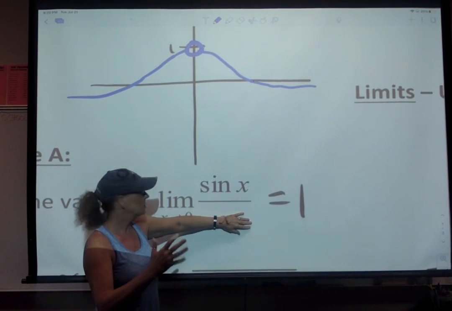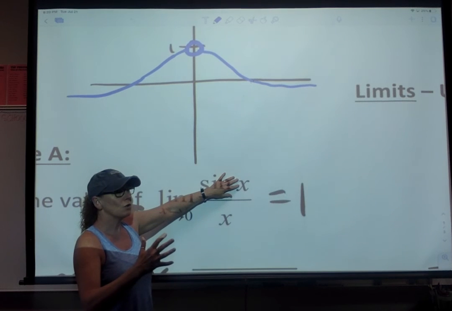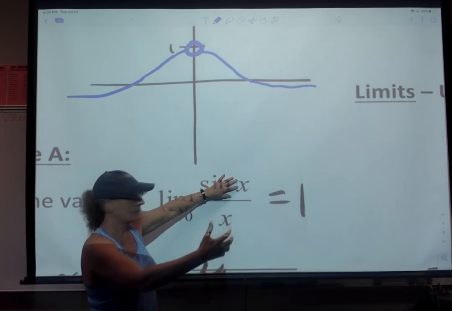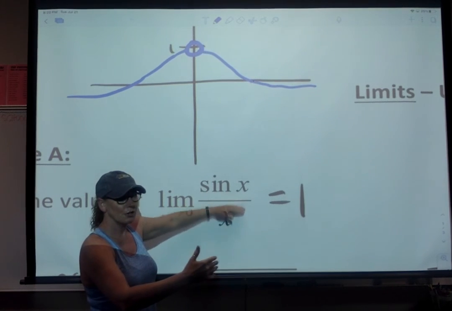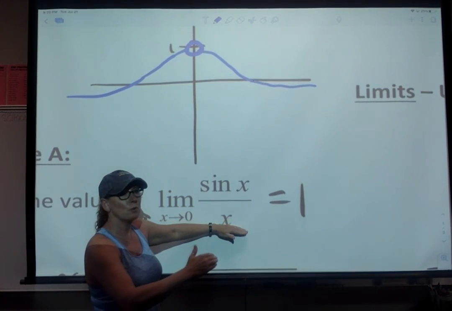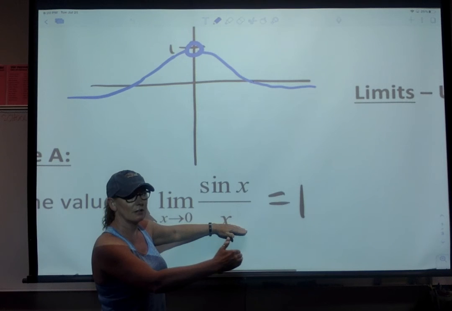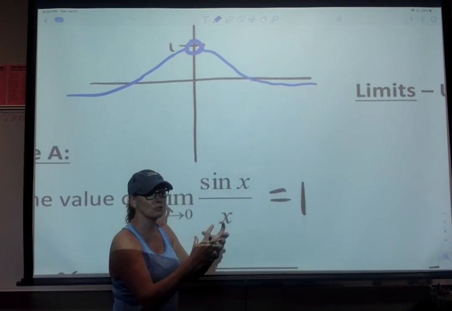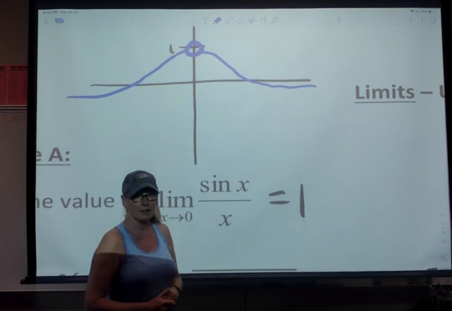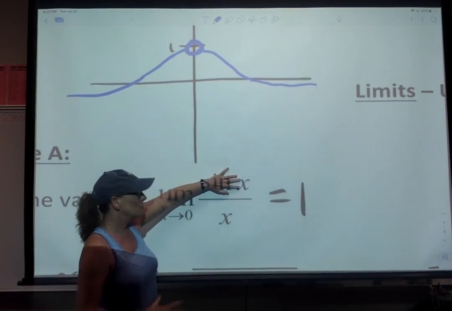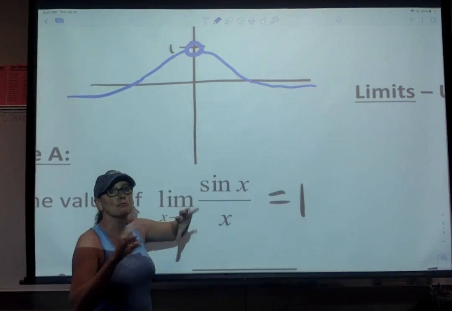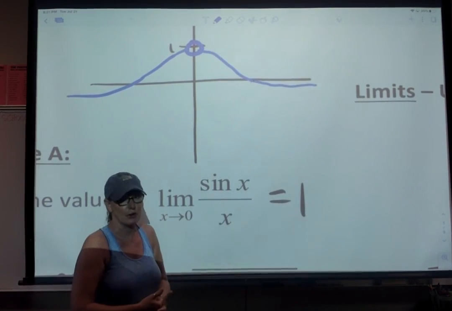Make sense? So like, what would 2.999999999 over 3.111111111 be? Wouldn't that be really close to being able to reduce to 1? So that's what's happening. My numerator value and my denominator value are getting really close to each other.